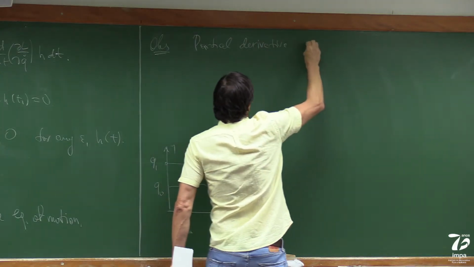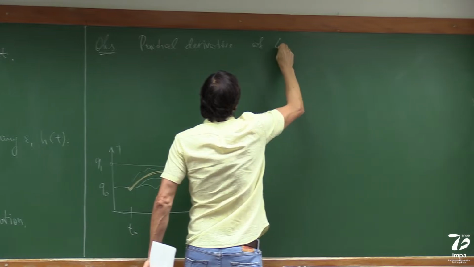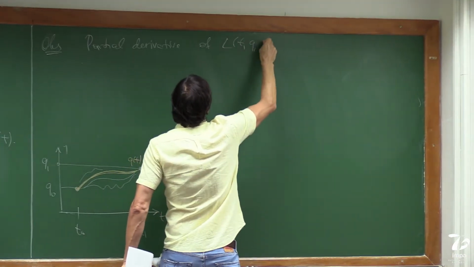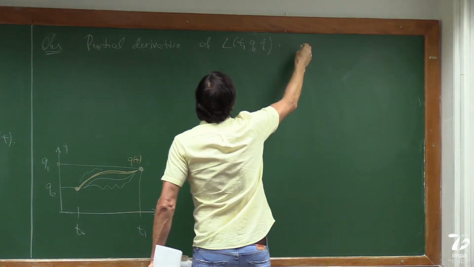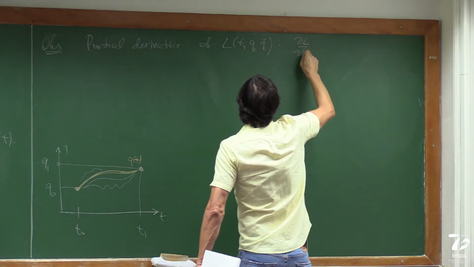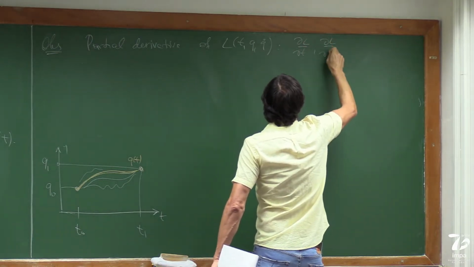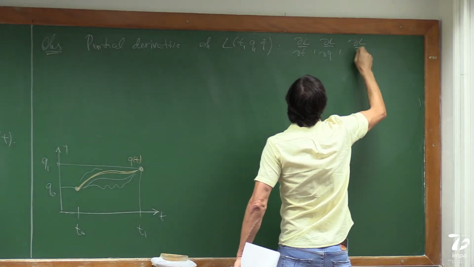For example, for the Lagrangian function, it's dL/dt, dL/dq, dL/dq dot.